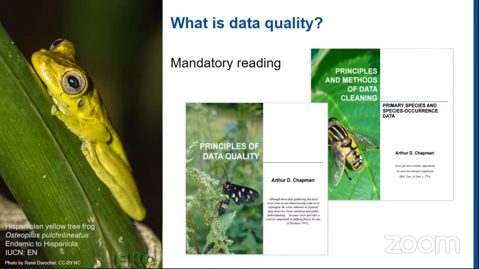They have very valuable information that can guide you in the process of assessing and improving the data quality from the moment that we collect the data to when we use it after publication. So these are two works that I absolutely recommend to read.